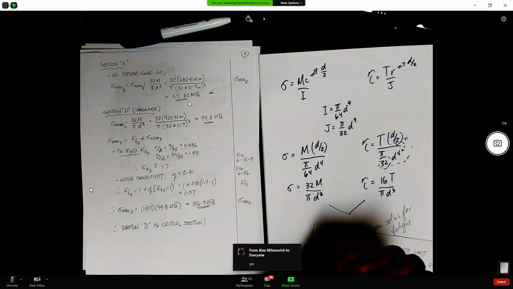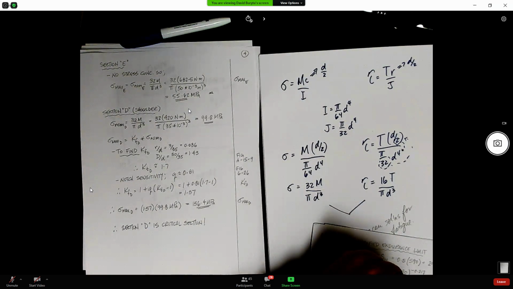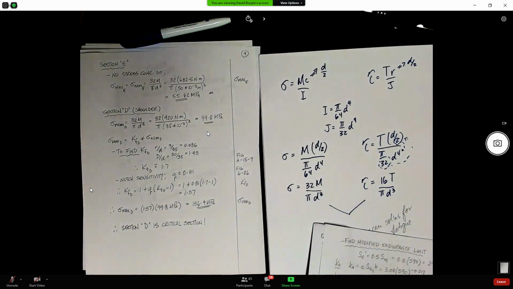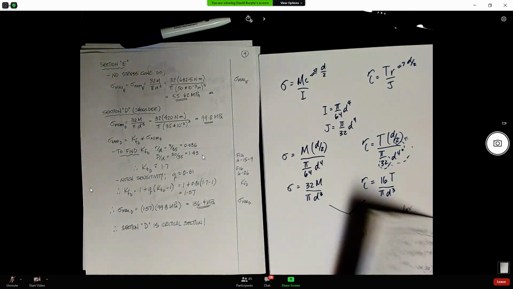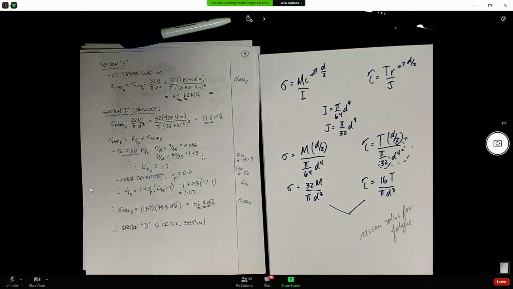So you see what I've done here is I've gone through for my section E, which has no stress concentration factor. I get my maximum stress to be, let's say, 56 MPa. And then where I have my shoulder, it comes out to around 99.8. Here I have my section where I find my shoulder.